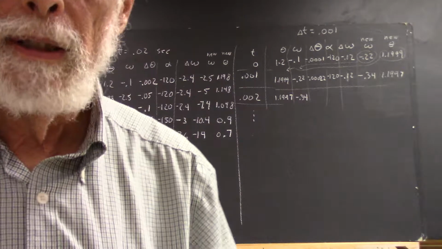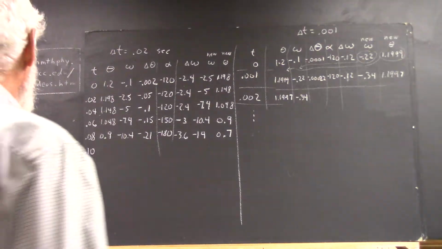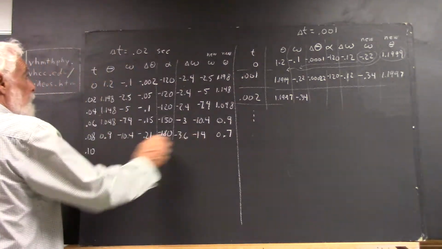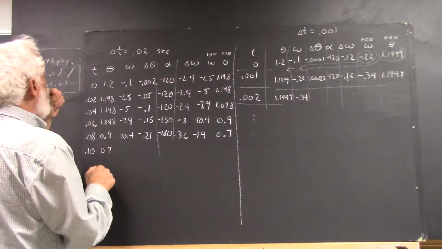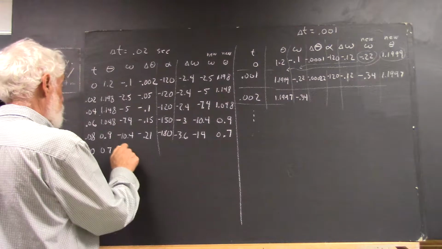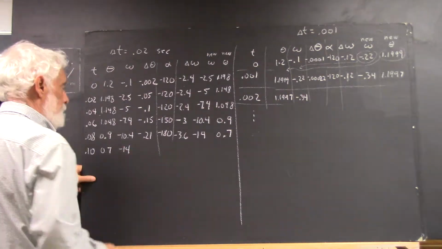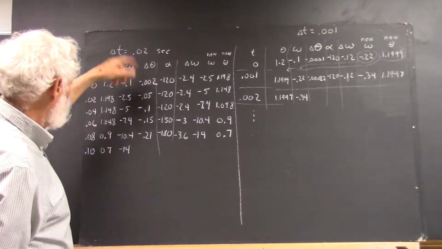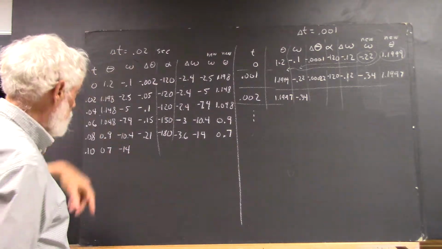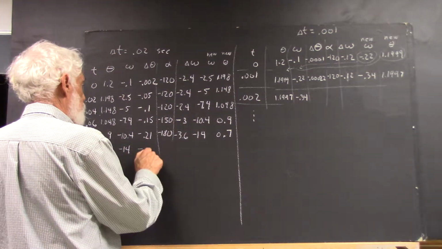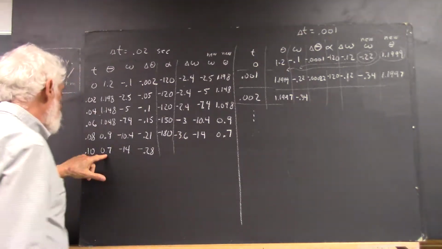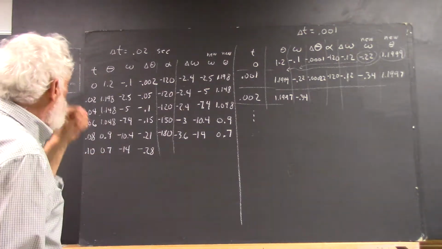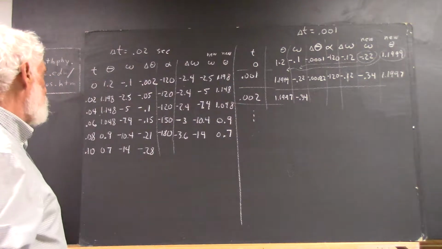Okay, and then we continue. Now I want to check my time here. We're not doing that badly. Okay, so we bring our omega and our theta. We get 0.7. Excuse me, our omega is negative 14. So now our delta theta, we multiply our omega by 0.02 seconds. We get negative 0.28. And we plug in 0.7 radians, which is going to bring things up to about 0.7.